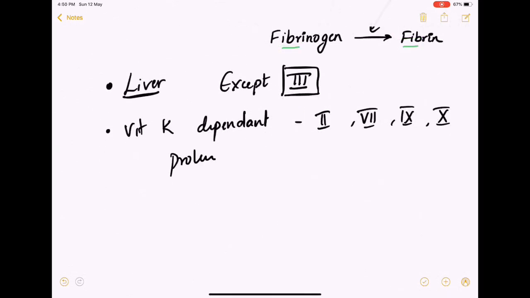Protein C, protein S and Z, which are actually anticoagulant proteins, are also vitamin K dependent. So these are the coagulation proteins which are vitamin K dependent, and these are the anticoagulation proteins which are vitamin K dependent.